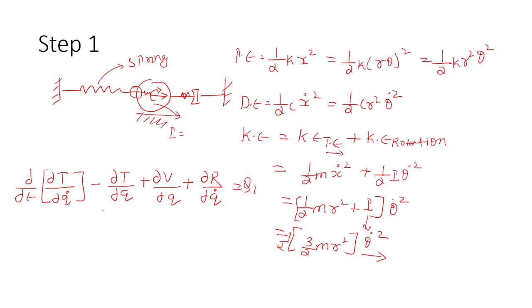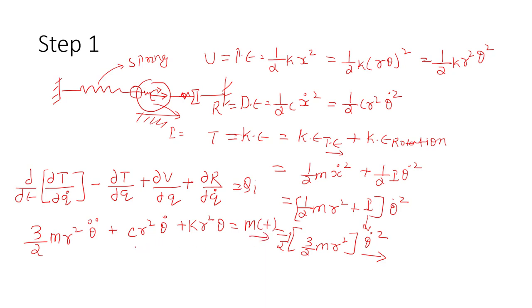Here T is the kinetic energy, R is the dissipative energy, and U is the potential energy. So if you substitute these values, you are going to get 3 by 2 m r square theta double dot plus c r square theta dot plus k r square theta is equal to Mt.